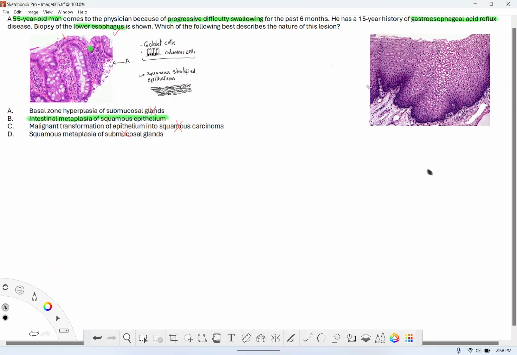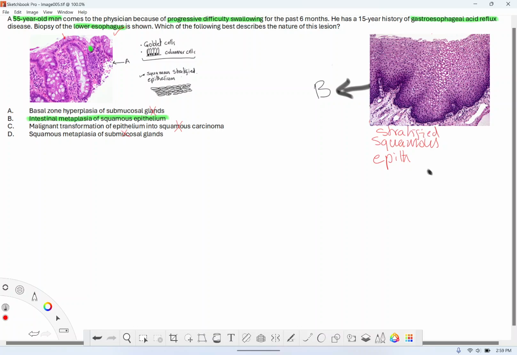So this picture B, this is squamous epithelium. Look at it. From top to bottom, there are many layers of squamous epithelium. So this is squamous epithelium. I should say stratified.